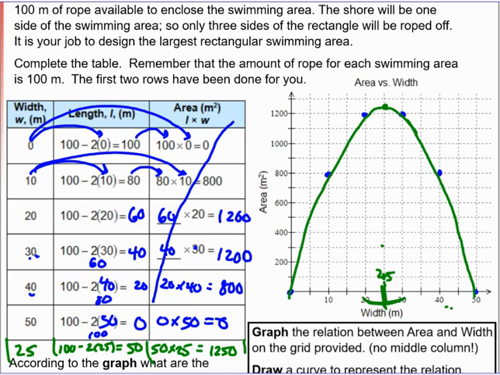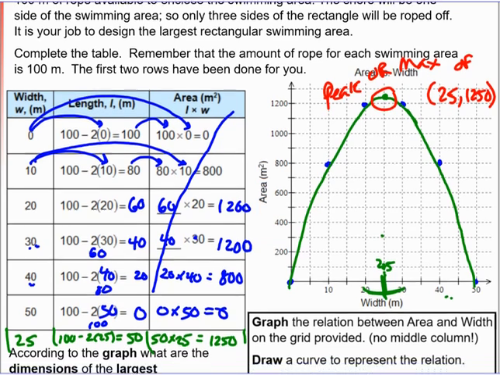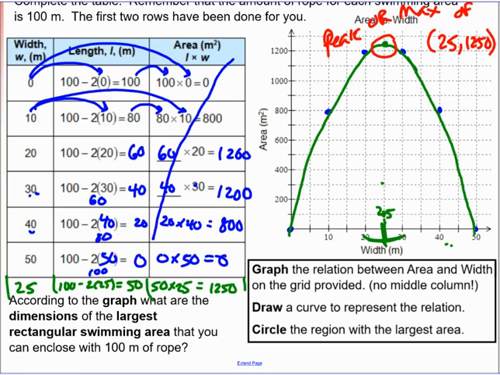All right, so we have a vertex, a peak, or max of 25 and 1250. Very good. So what are our dimensions then? We're trying to draw, again, width.